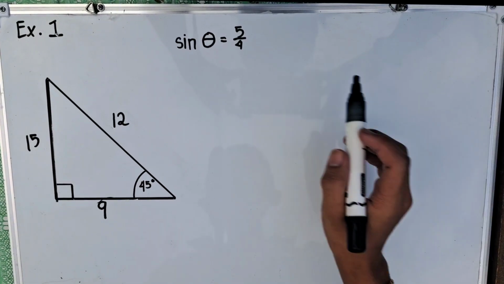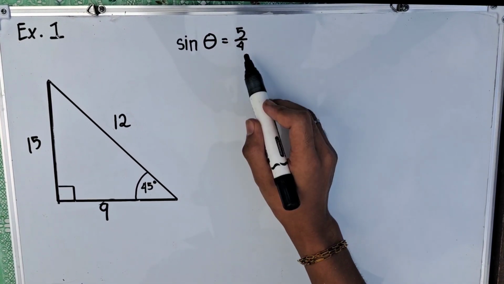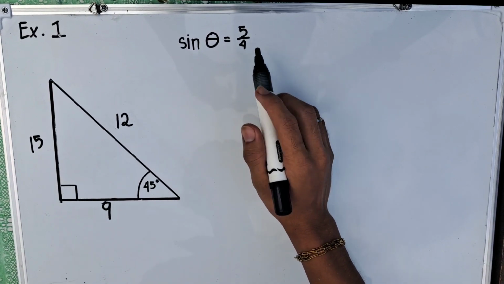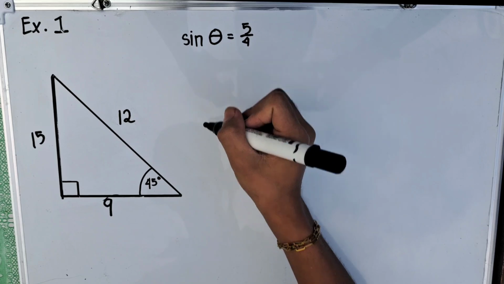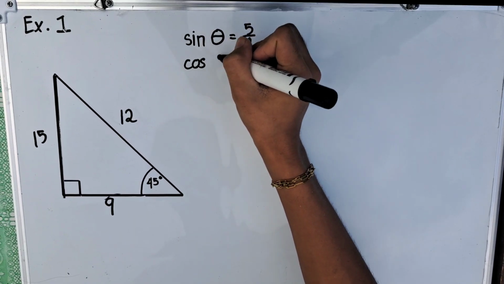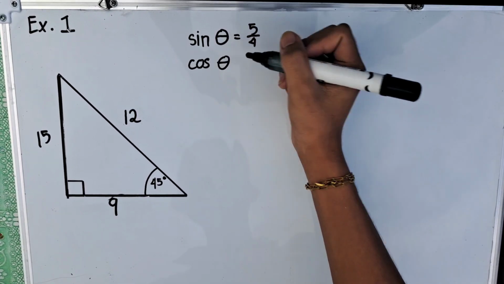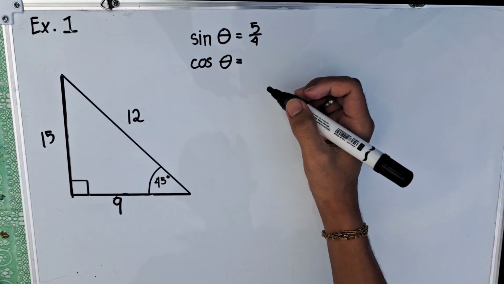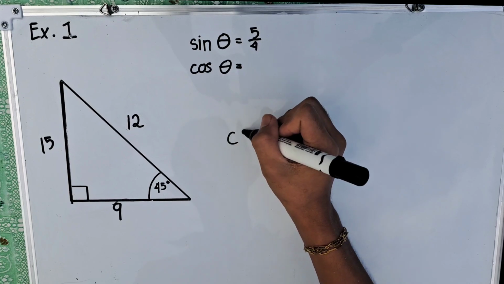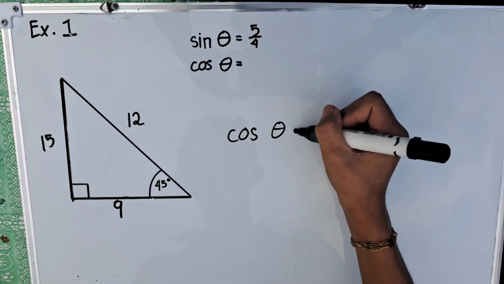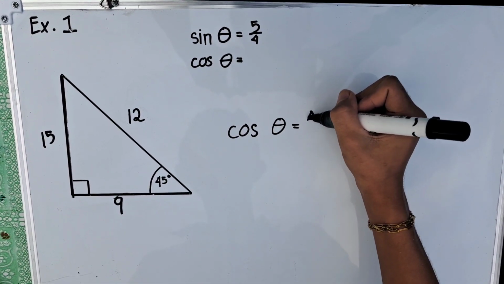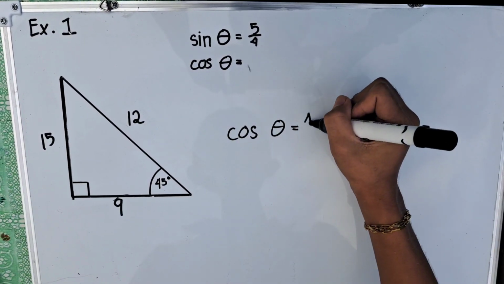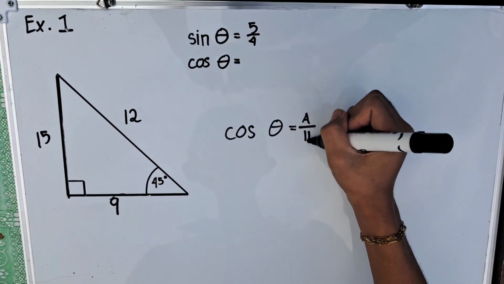Since we have solved the sine, which is 5 over 4, next is to solve for our cosine. As we all know, cosine theta is equal to adjacent over hypotenuse.